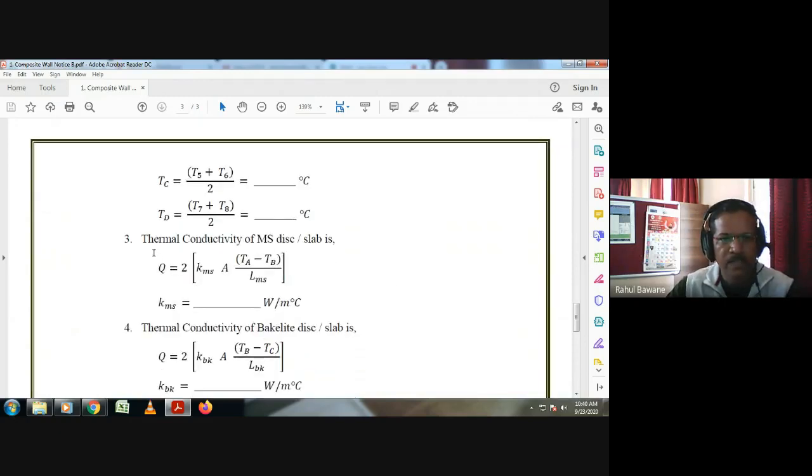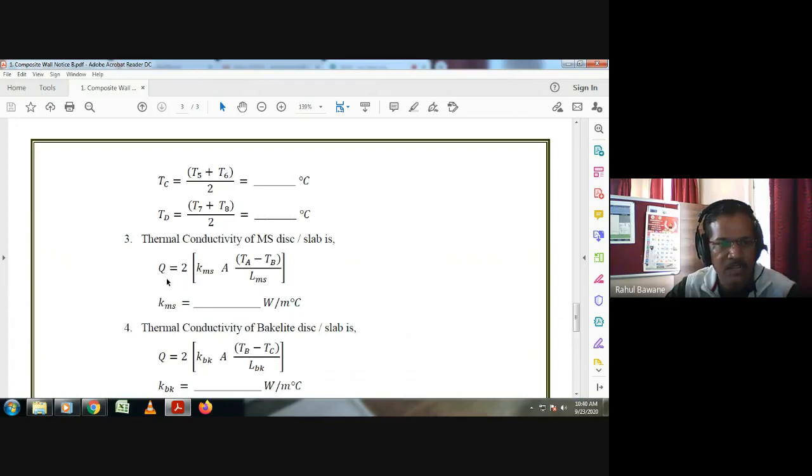Now how to identify the thermal conductivity? This is the basic equation: Q is equal to KA dT by dx, Fourier's law. But as we know, the heater plate is at the center and sandwiched by two composite walls, bottom side and top side.